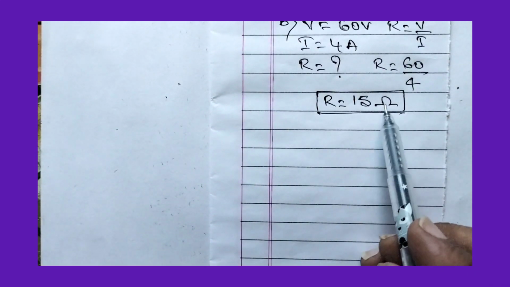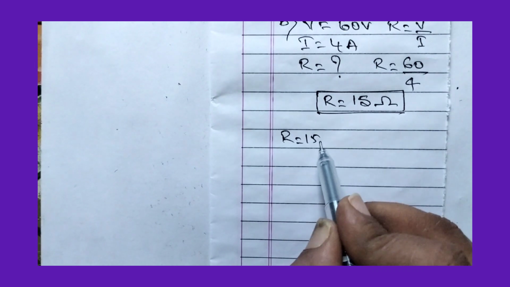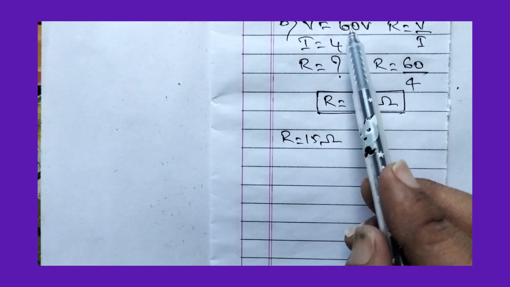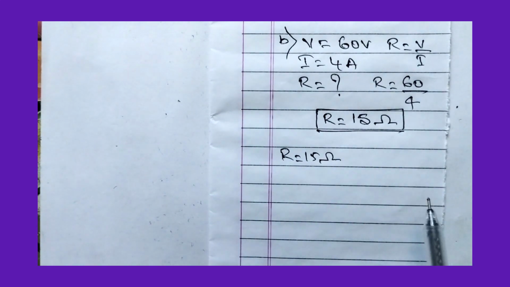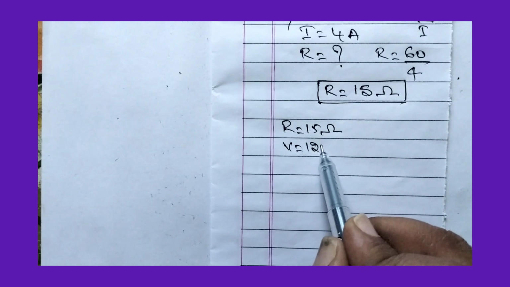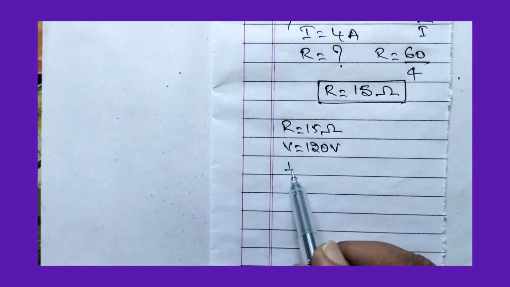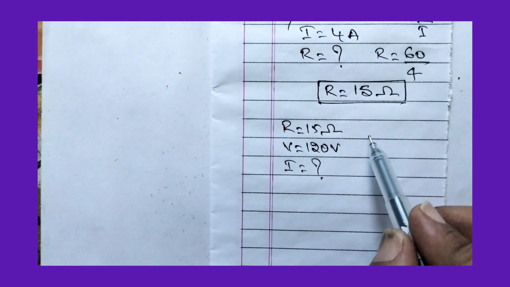Now let us calculate, if the resistance is equal to 15 ohm and the voltage has been increased from 60 volts to 120 volts, what is the current that flows through the circuit, through the heater?